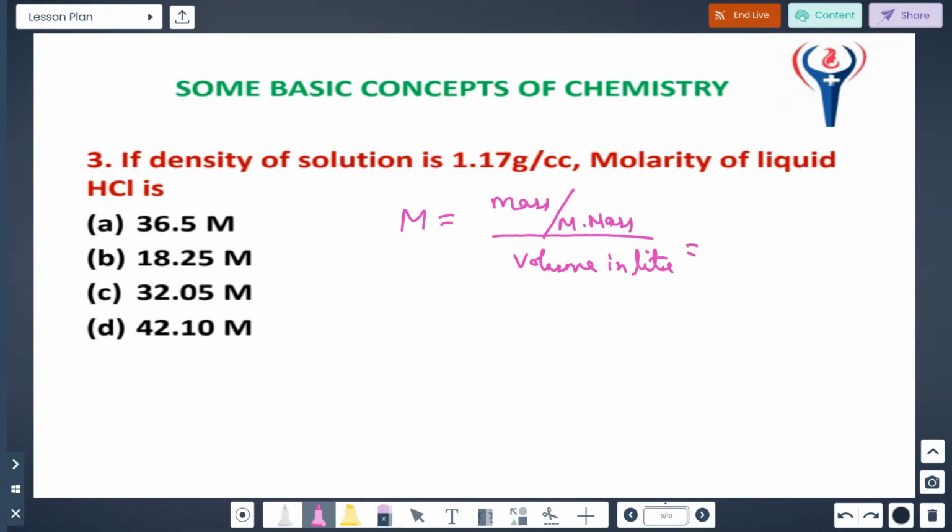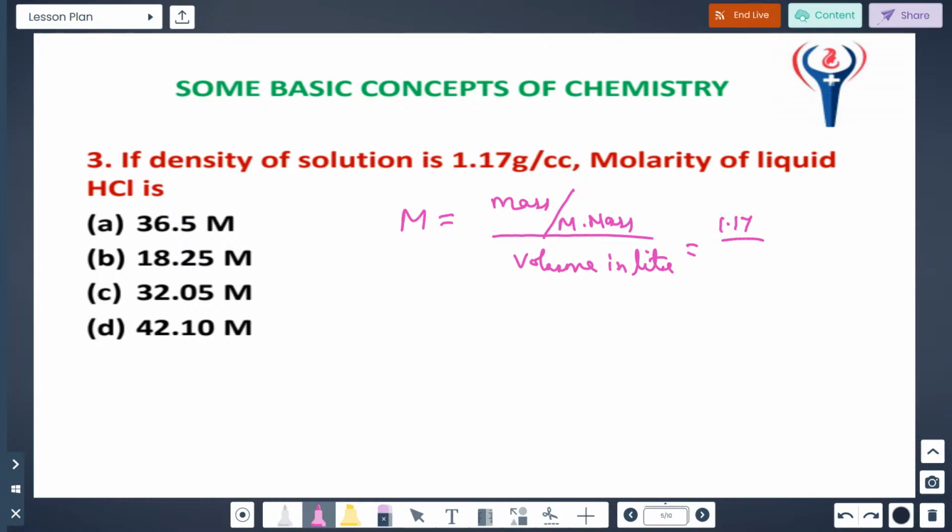So mass is given, you just substitute. Density is equal to mass by volume. Density is given as 1.17, the volume is 1 ml, 1 cc, so mass is 1.17. Mass by molar mass. Whose molar mass?